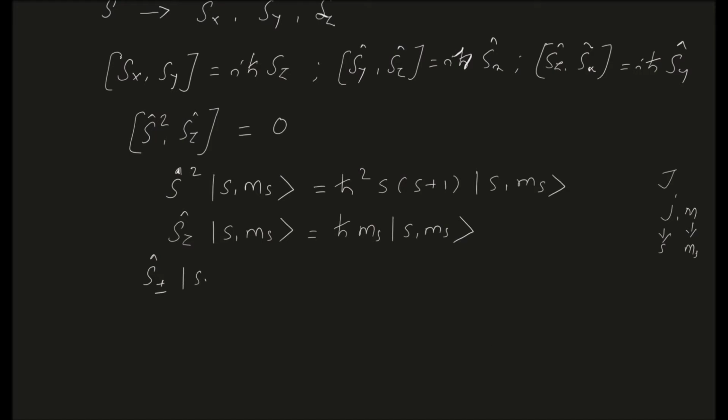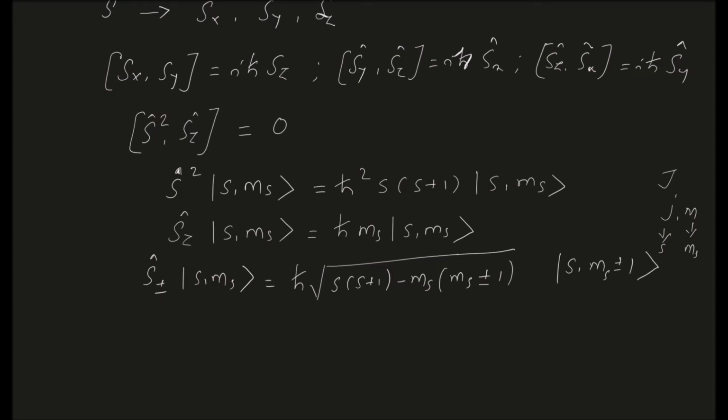So S plus or minus acting on |s, m_s> is given by h-cross into square root of s into s plus 1 minus m_s into m_s plus or minus 1, times |s, m_s plus or minus 1>, where this S plus or minus is defined in terms of S_x and S_y. So this is given by S_x plus or minus i S_y.